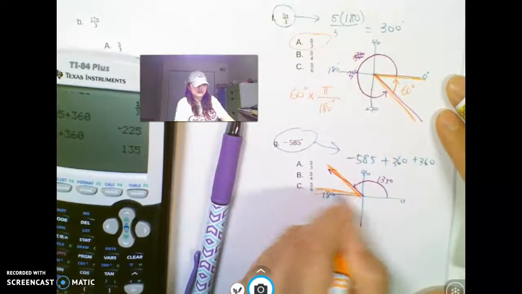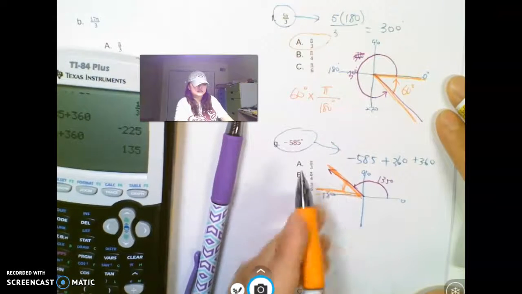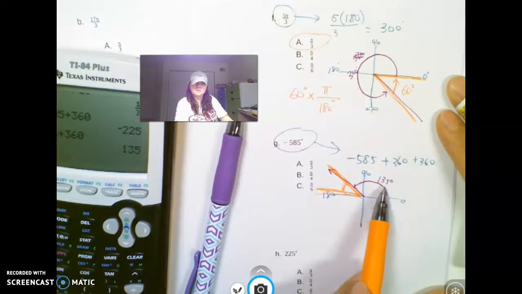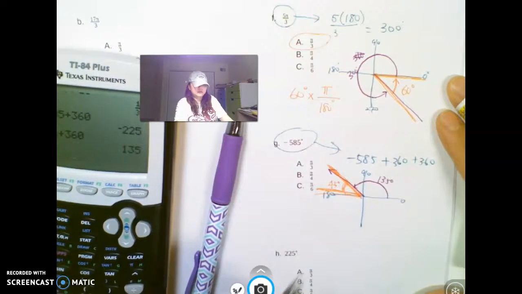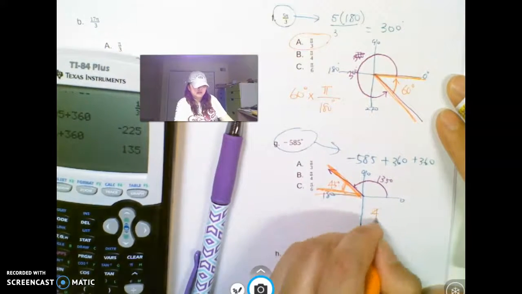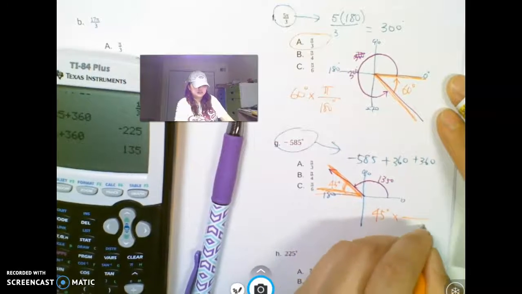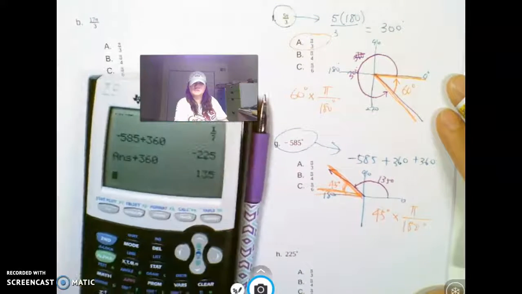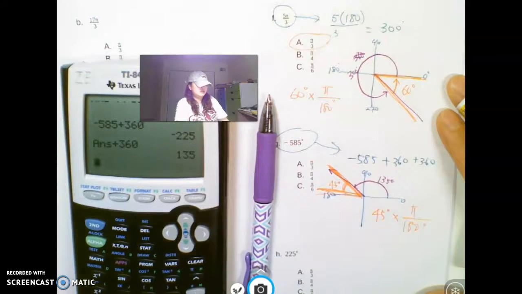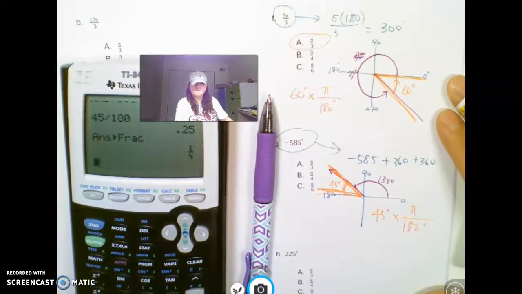The whole thing is 180, and we got 135 on that side, so this should be 45 degrees. Degree at the bottom, 180, pi. So 45 divided by 180 is 1/4. So pi over 4.